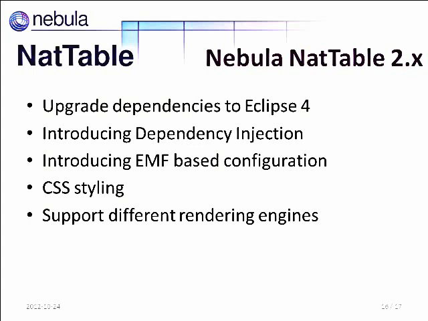Currently, Nebula NatTable depends on Eclipse 3.5 upwards. We will move to the Eclipse 4 platform with the next release, because we want to introduce dependency injection and modeling. So we want to reduce the configuration efforts you have to make.